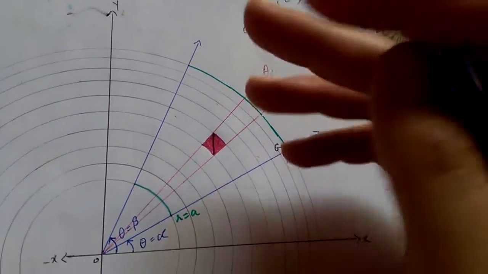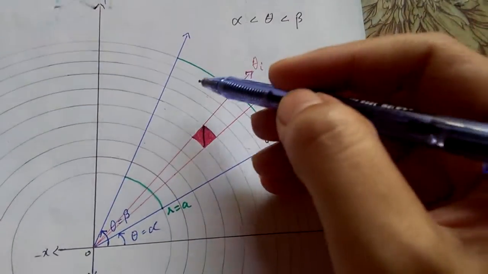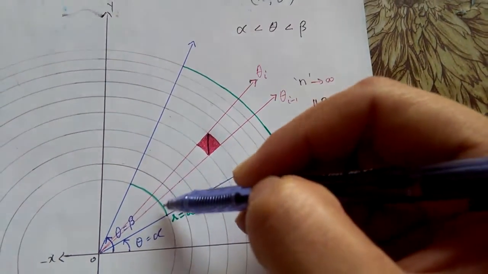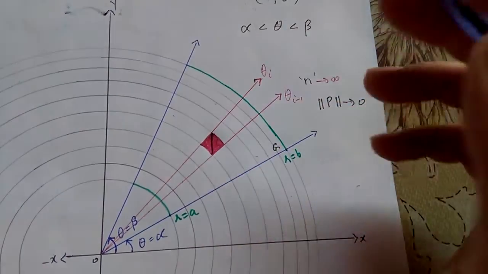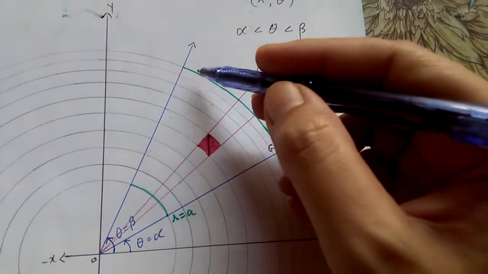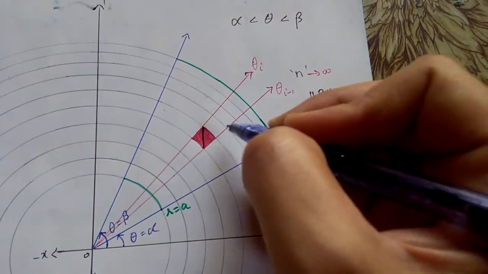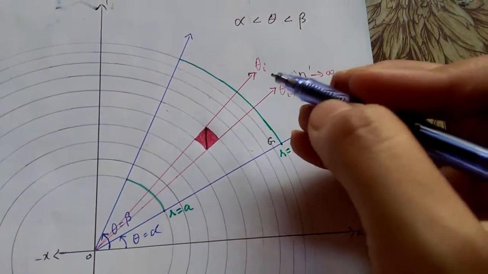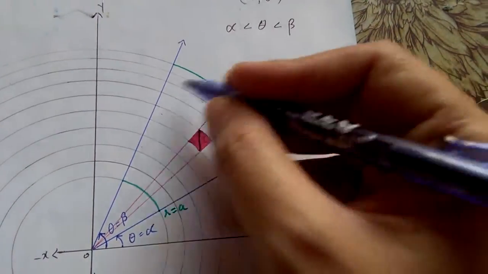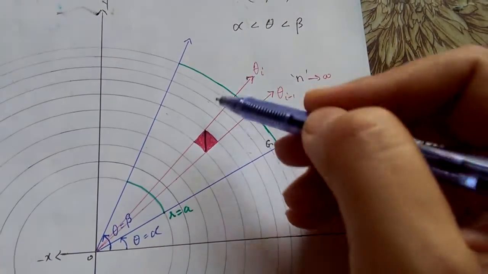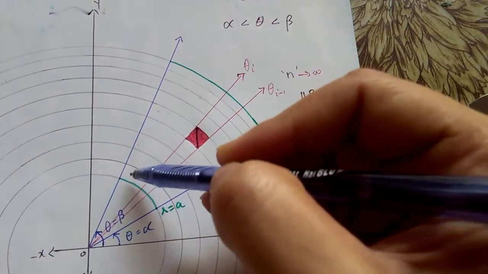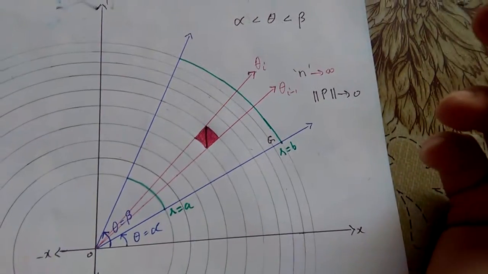Once we sum up all those areas, we get the area of this plane G. It is a polar plane. With an infinite number of such rectangular curved strips, the sum of all those areas gives the area of this region G.